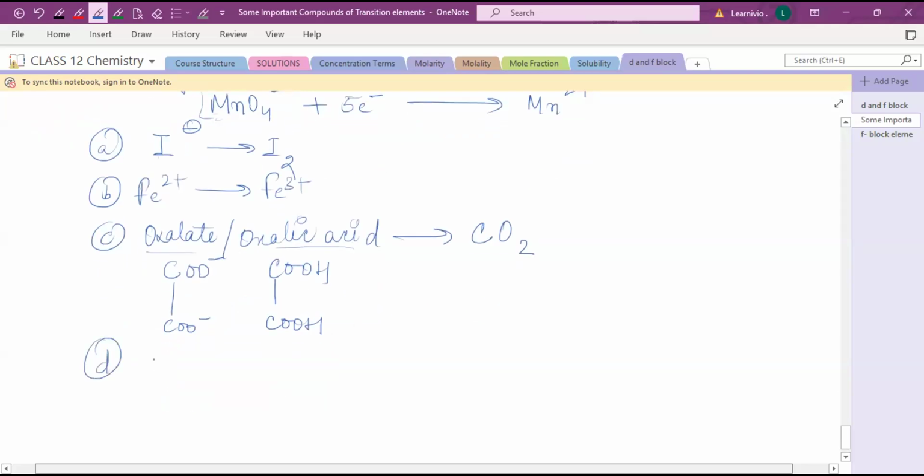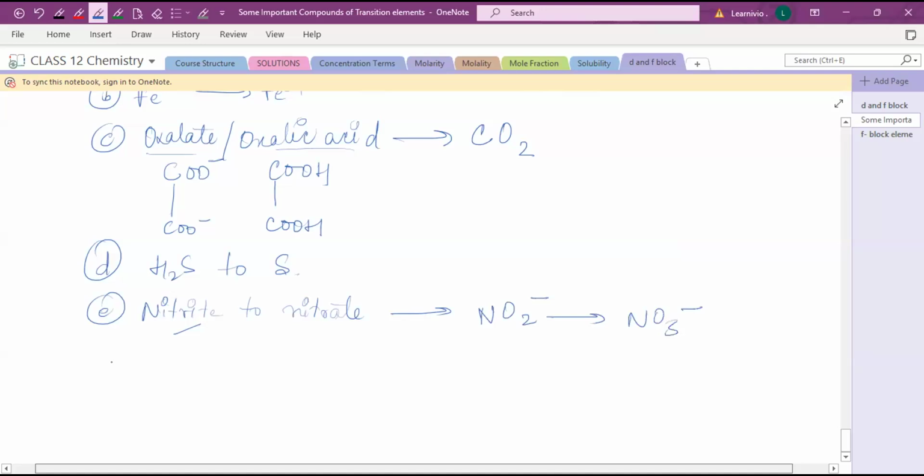Next is H2S, sulfur. It will also convert nitrite to nitrate. Nitrite ion is NO2 minus and nitrate is NO3 minus.